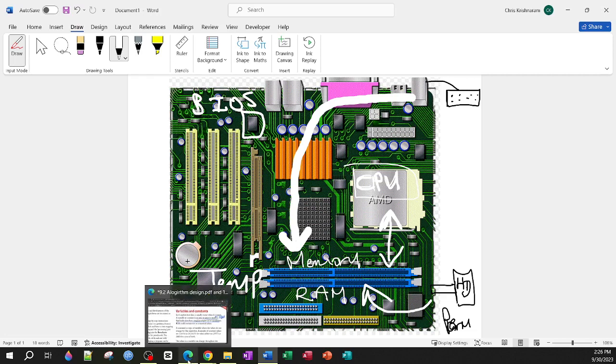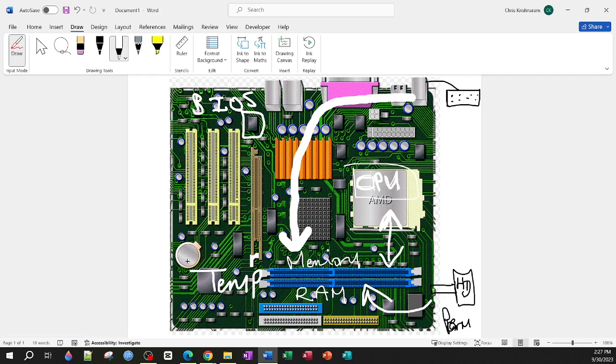All right. Yeah, so that's a basic idea as to how your computer works. Any computer, whether it's your phone, whether it's a smartwatch, whether it's a laptop, whether it's a desktop, they all function with this basic concept. Data has to go into RAM, and the CPU pulls the data from RAM to process it.